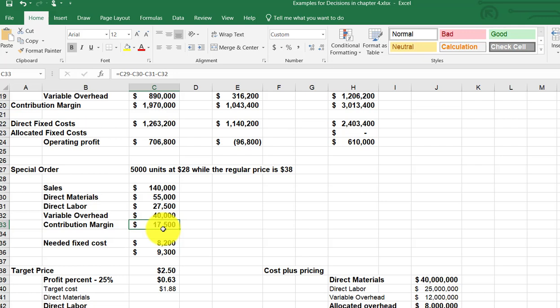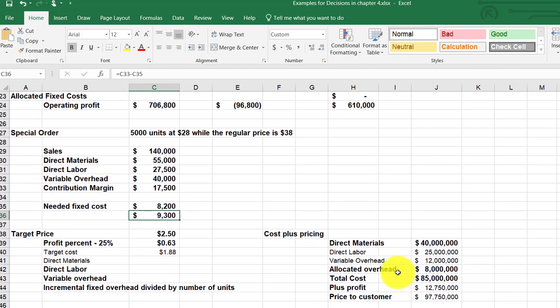Not a lot, but a little bit, $8,200. We still come out ahead, even after covering the needed fixed costs, assuming that's all the fixed costs needed for this special order. So we would accept it, and we would be better off by $9,300 than if we had not accepted it.